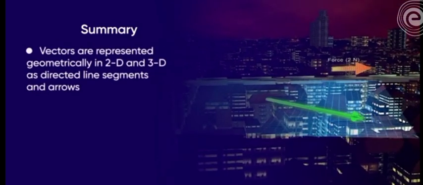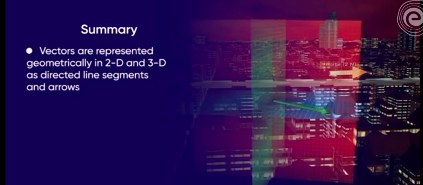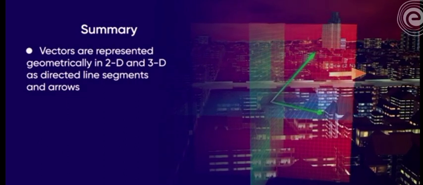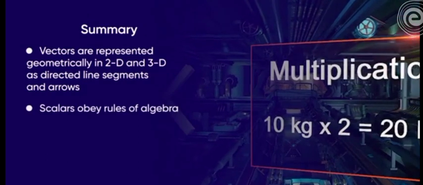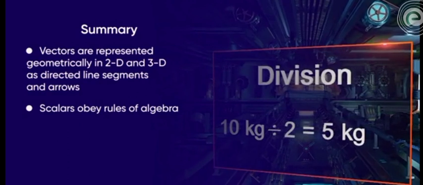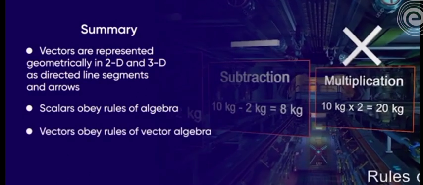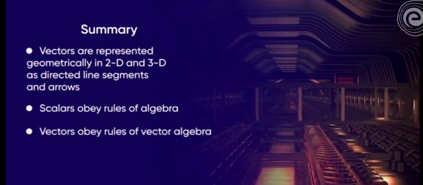Vectors are represented geometrically in two-dimensional as well as three-dimensional spaces as directed line segments or arrows. Scalars obey rules of algebra, whereas vectors obey rules of combination of vectors.